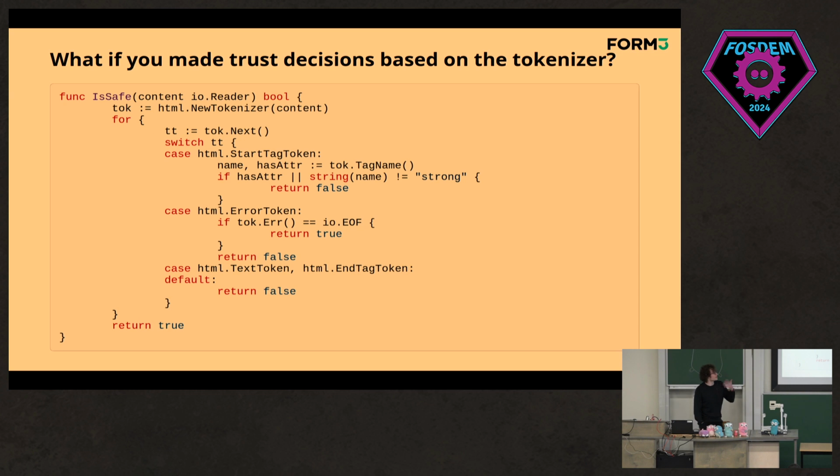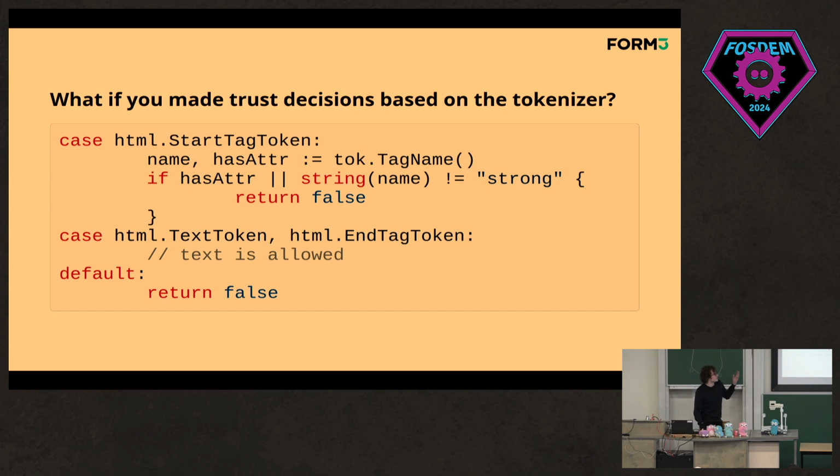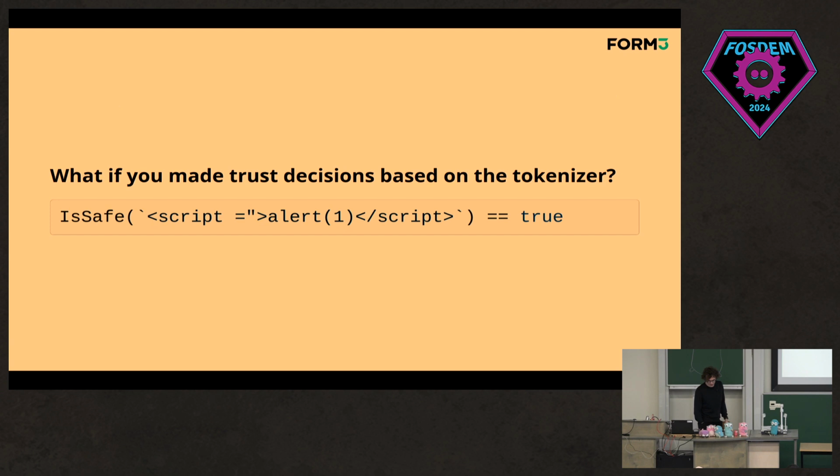You really shouldn't do this, by the way, but we'll have an isSafe function that will return a Boolean, whether it's safe or not, and we'll just look for the tokens we get and only allow strong tags and nothing else. Strong tags and text tokens. So the isSafe method thinks that the thing we got from fuzzing is safe because it thinks there's nothing in it. But the browser says otherwise.